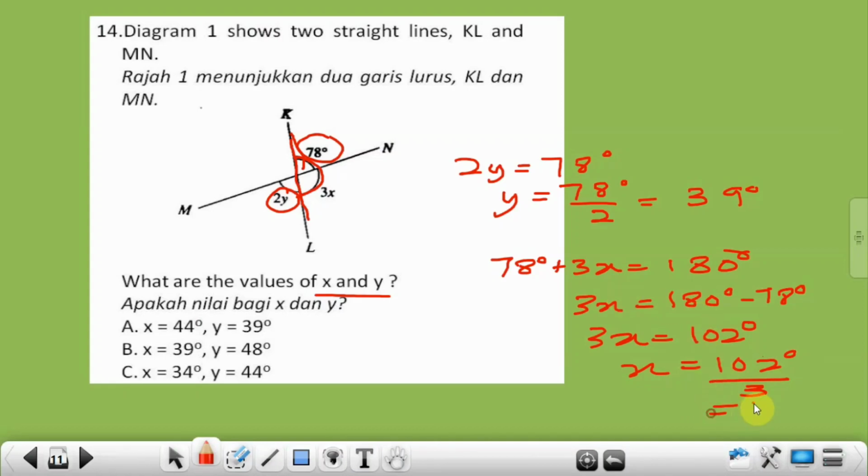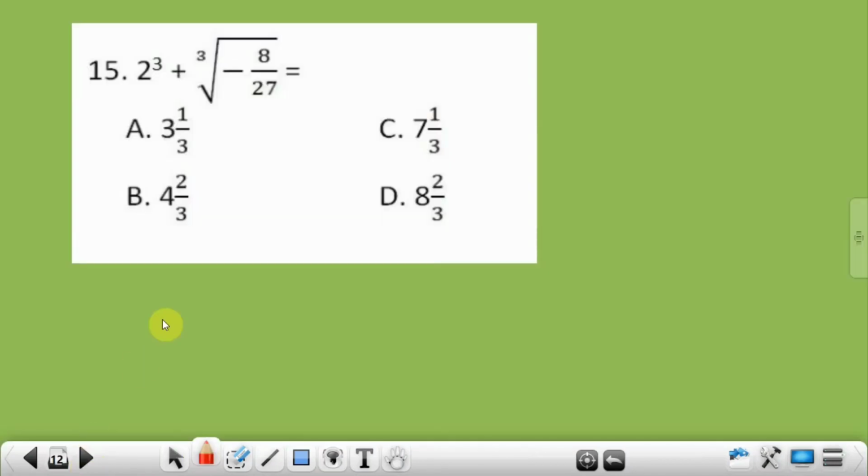So the answer is x is 34. Oh, there is a mistake here. It should be 34 here. Okay, it's okay. Alright.